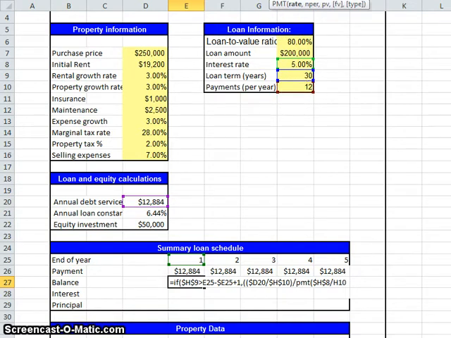That's going to be constant all the way through also. And then bracket that.